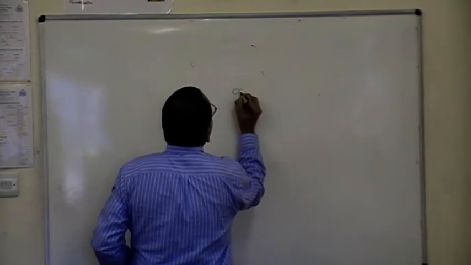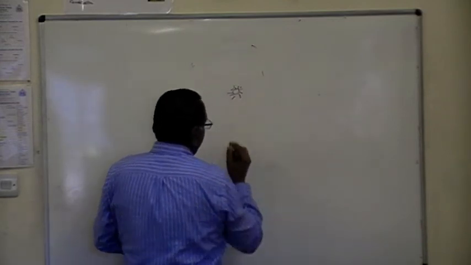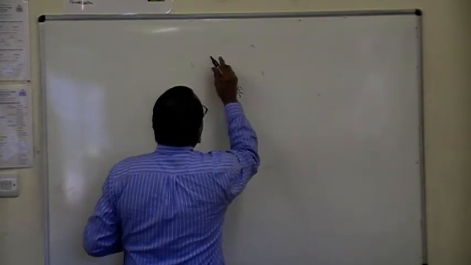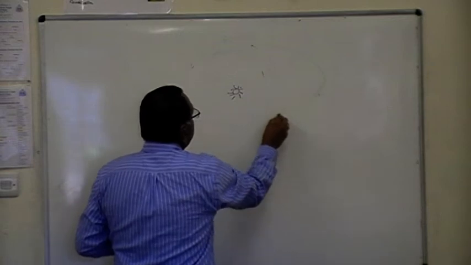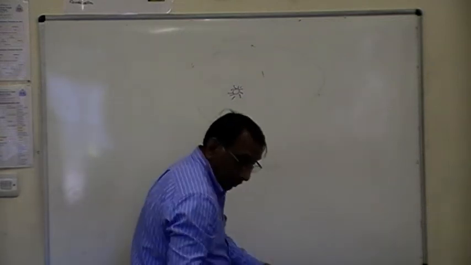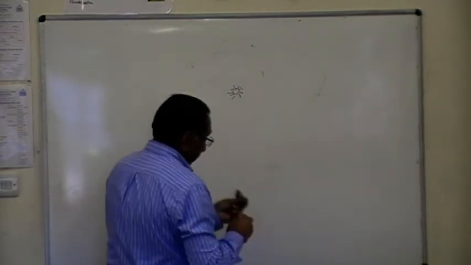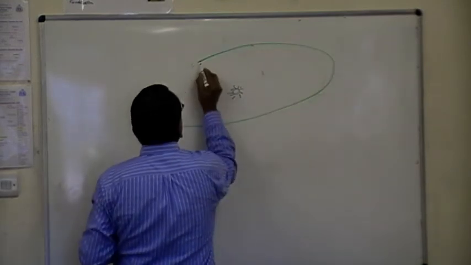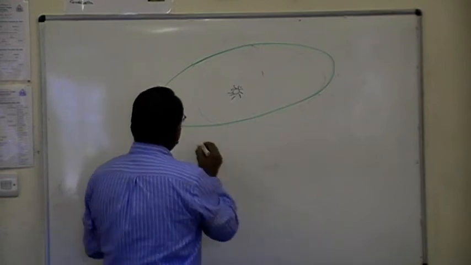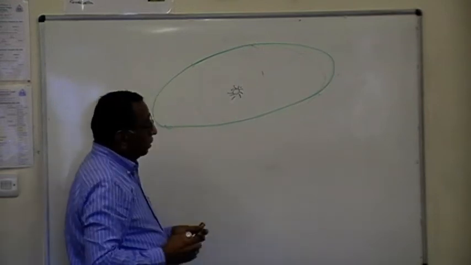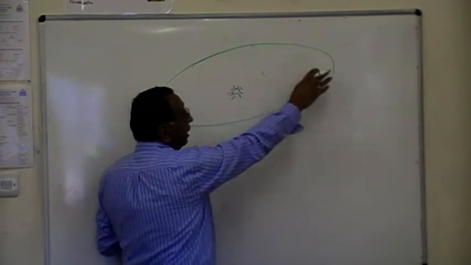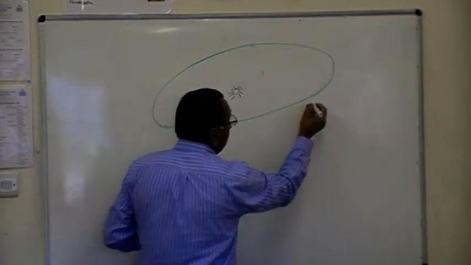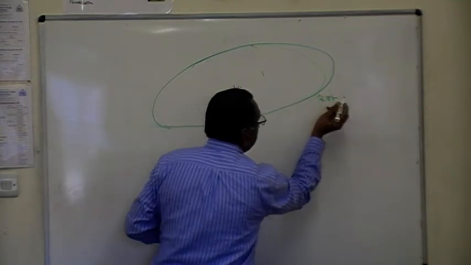This is the sun, and Earth is going round in elliptical way. So ultimately, doesn't matter if it goes in egg shape, elliptical or circle, ultimately it comes to pi r.